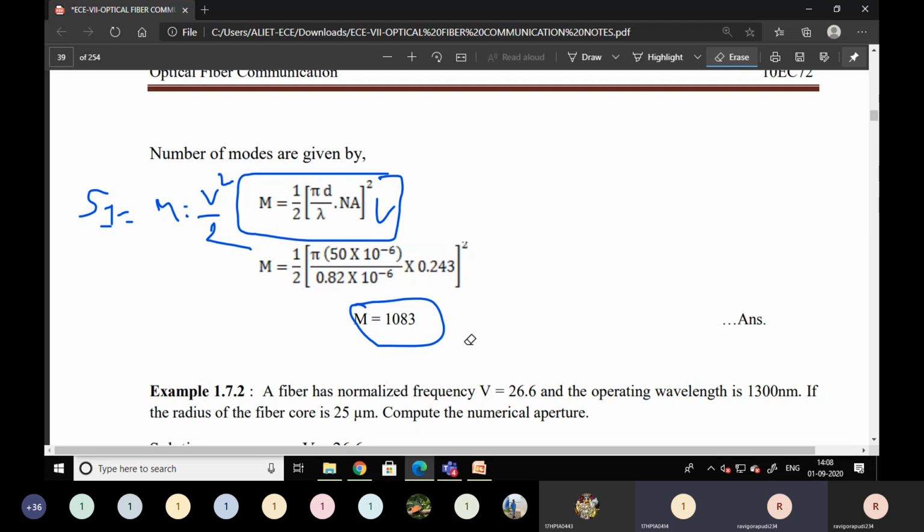The fiber has normalized frequency V, normalized frequency is 26.6, and operating wavelength is 1300 nanometers. If the radius of the fiber core is 25 micrometer, compute the numerical aperture.